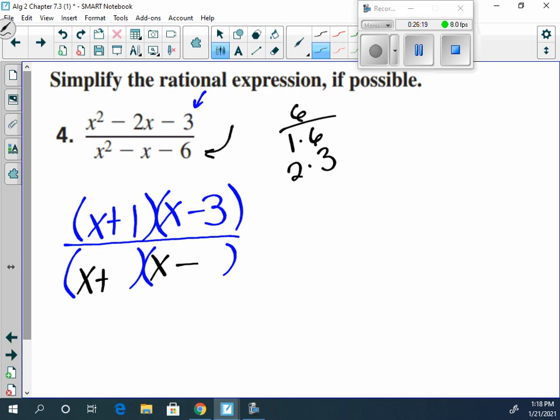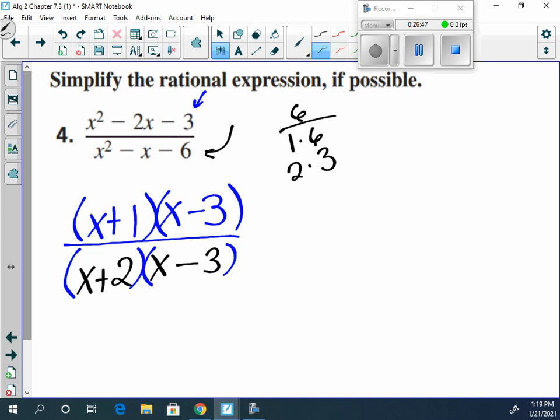Which factors would we use? 2 and 3, yes? Because we have a 3 on top. Would the 3 be positive or negative? Negative. Why negative? Right, we want the x minus 3 and x minus 3 to match up.